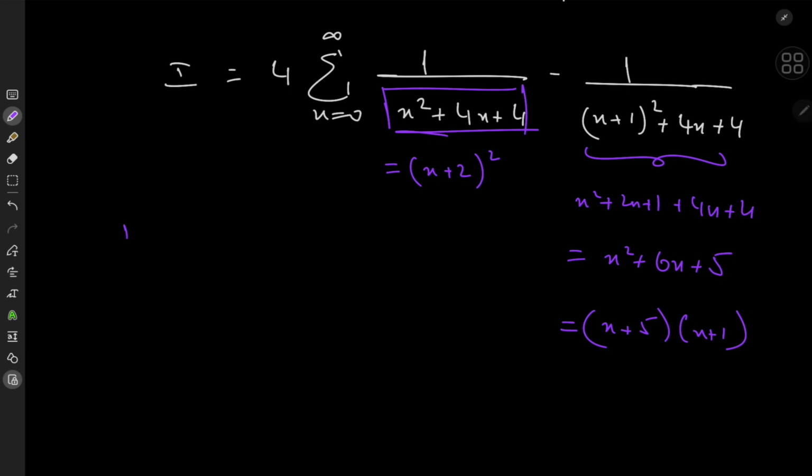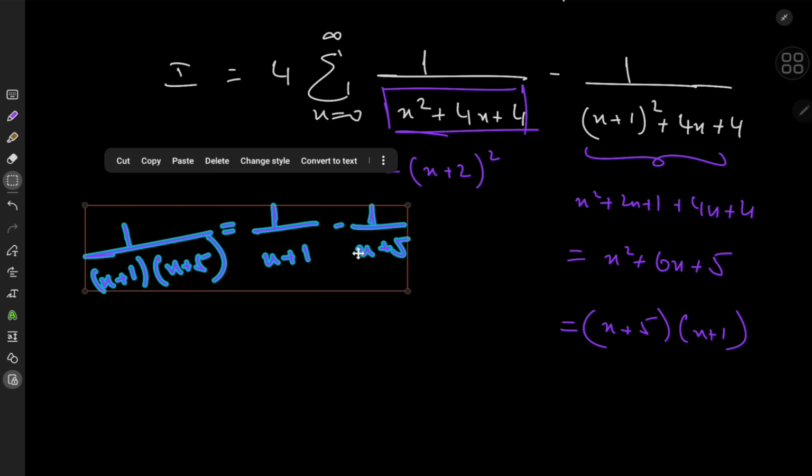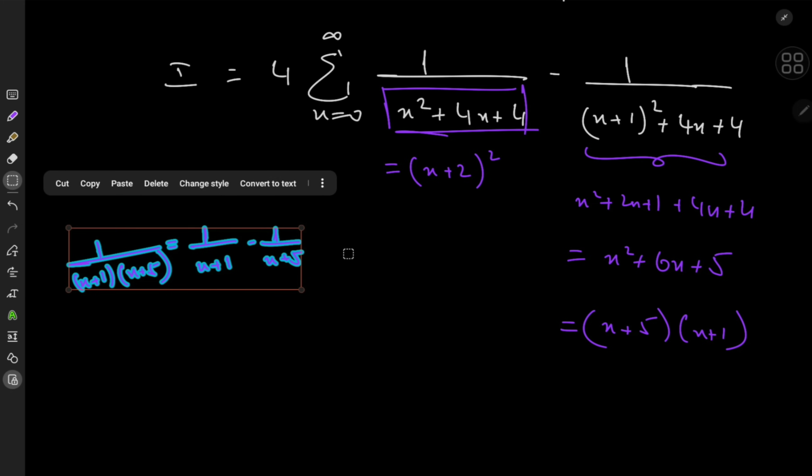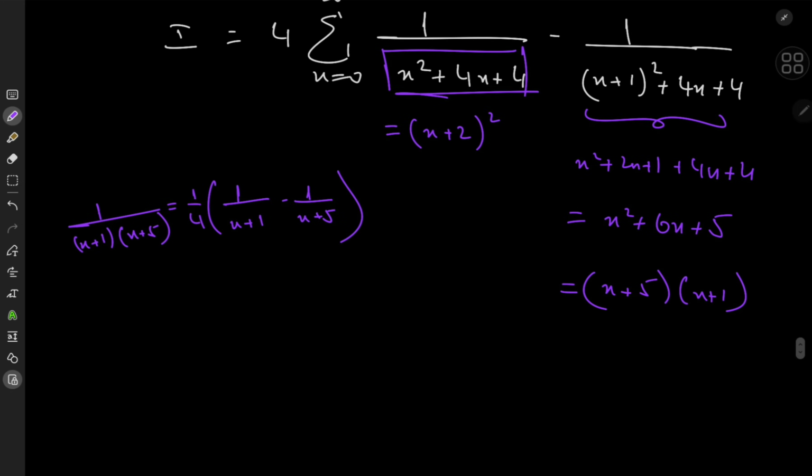Okay, cool. Another partial fraction decomposition. N plus 1, n plus 5. Again, I need an n plus 1 here. A minus sign will suffice. But then I need a factor of 1 over 4. Okay, cool. So multiplying by a quarter here, and we're all set.